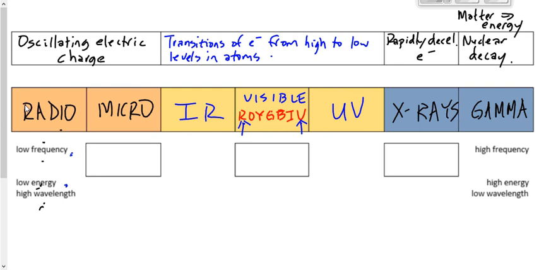I want you to memorize that microwaves have a frequency of 10 to the 9 to 10 to the 12 hertz. I'm not very good at memorizing things like this, but I can remember that. You got to memorize that X-rays have a frequency of 10 to the 17 to 10 to the 20 hertz.